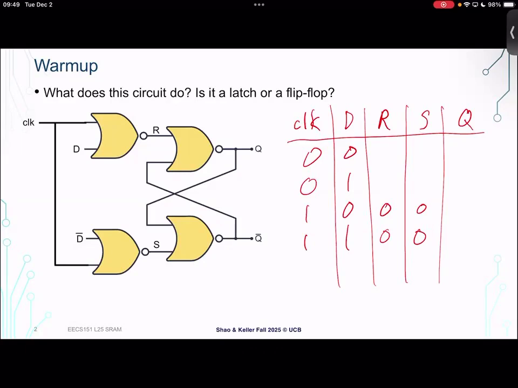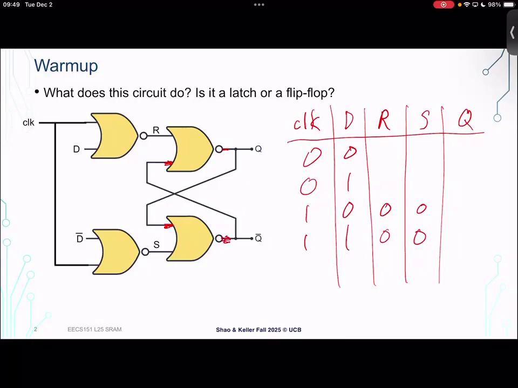The value of the NOR gate just depends on the other input. So if the other input here is 1, then the output's going to be 0, because it's inverting. Same here. If this is 1, then this is 0, and vice versa. If this is 0, then this is 1, and vice versa.